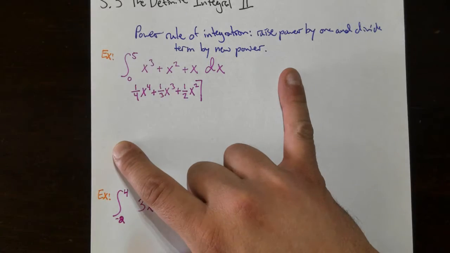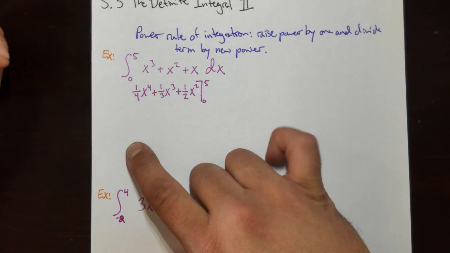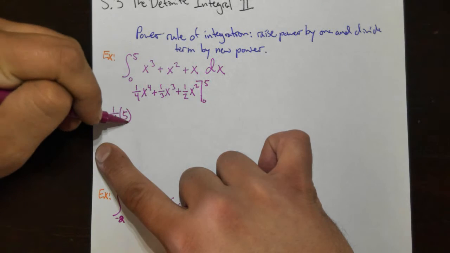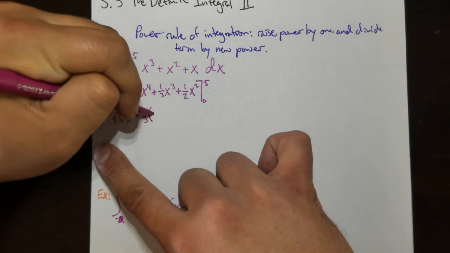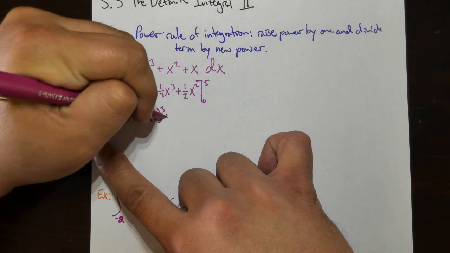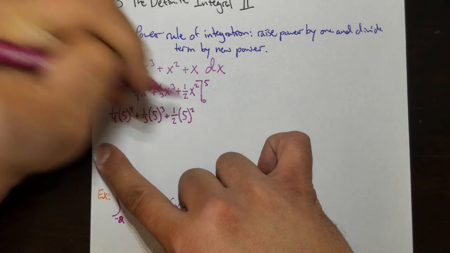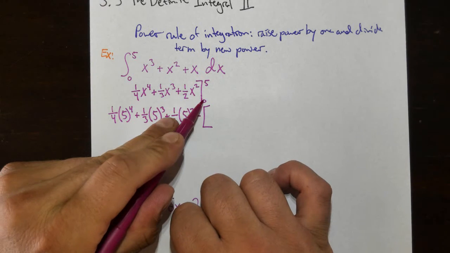So we just integrated this, and now from 0 to 5. So let's see, 1/4 times 5 to the 4th plus 1/3 times 5 to the 3rd plus 1/2 times 5 squared, minus, we need to subtract our lower bound now.